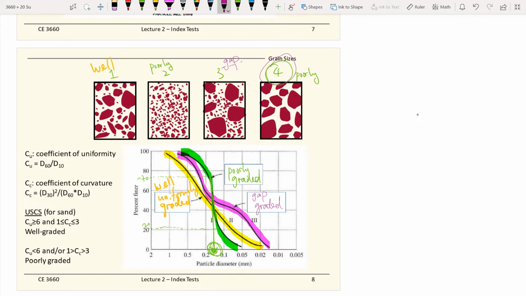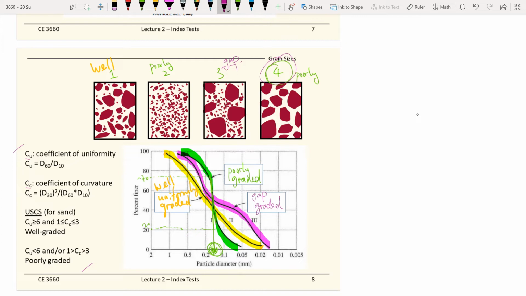Anyways, ASTM D2487 recommends a procedure using a bunch of different parameters to help you define what is well graded and what is poorly graded. At the end of the day, being well graded or poorly graded is required for soil classification, so the purpose of all this is to help us do soil classification. They create two parameters: C sub U, the coefficient of uniformity, and C sub C, the coefficient of curvature.